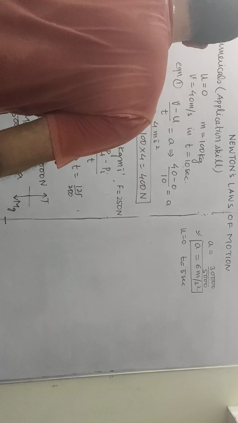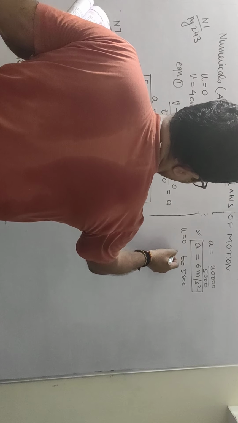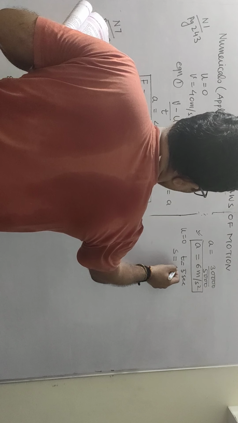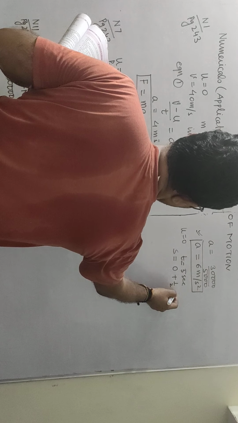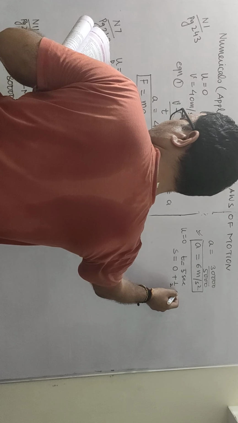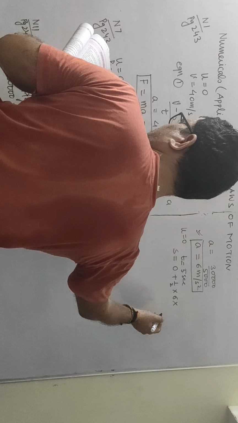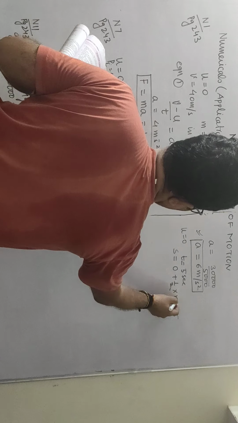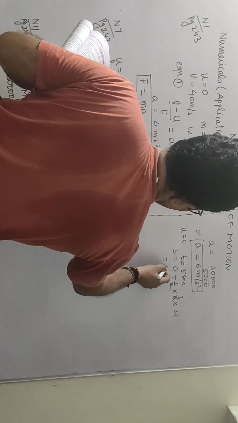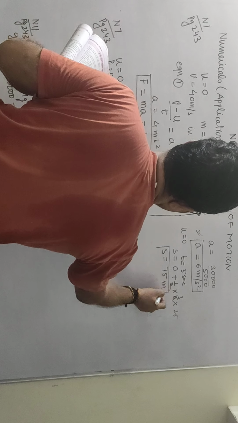So s is equals to ut, that is 0, plus half a t square, into t square. t square is 25. So you are going to get 75 meter. So distance covered is 75 meter.